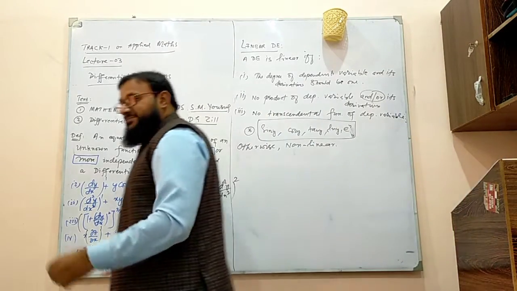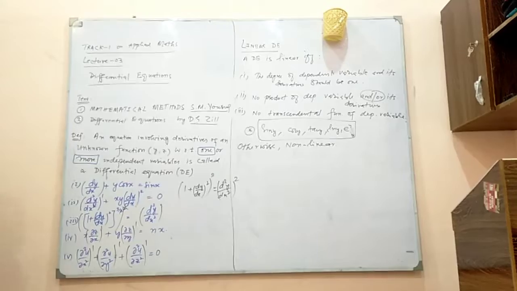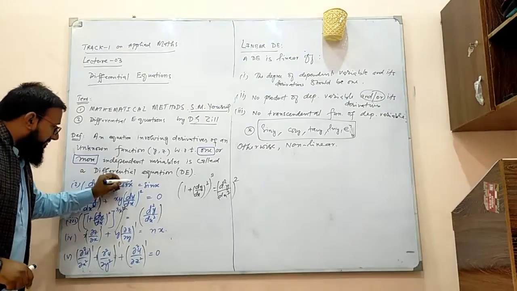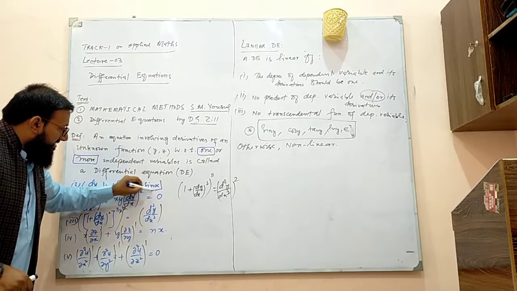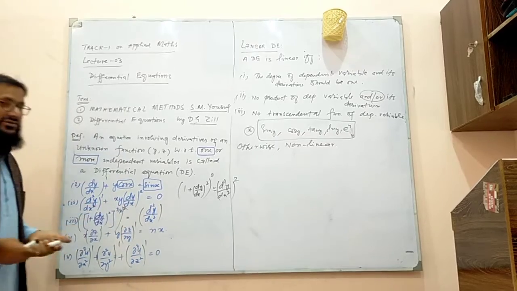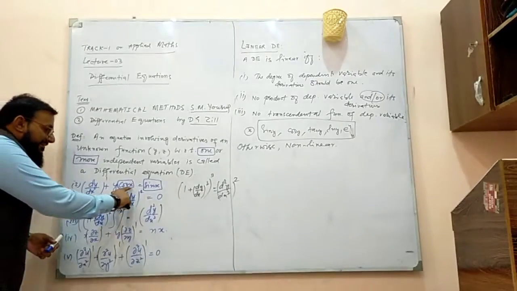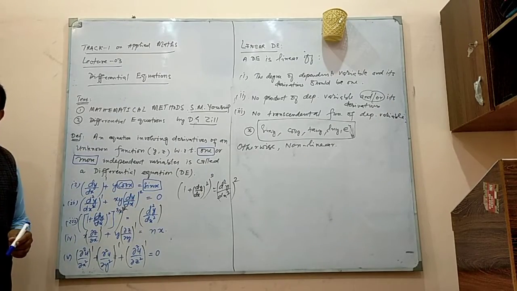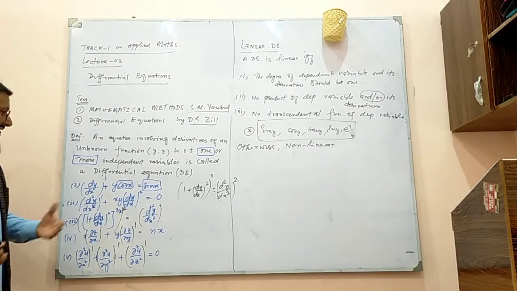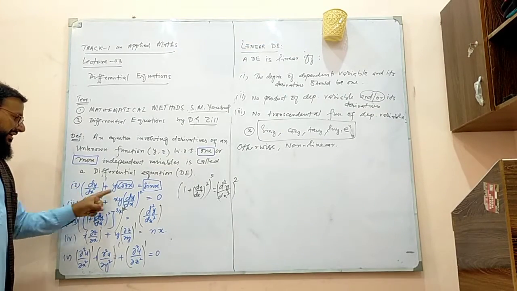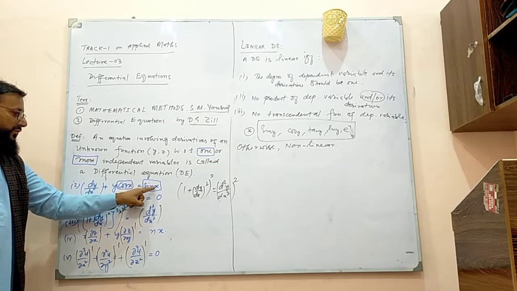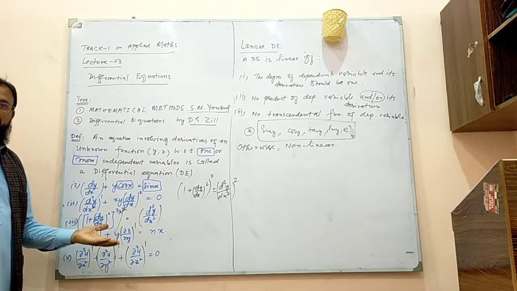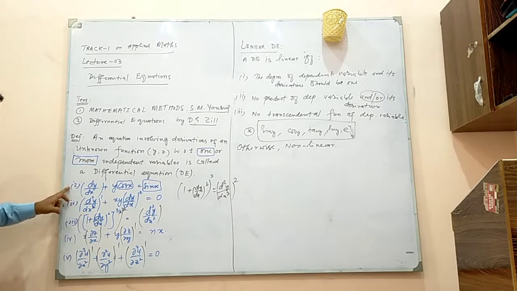Where is the problem? Sine or cos functions are of the independent variable. What is the angle of sine or cos? It can be the independent variable or whatever; it should not be the dependent variable. In this equation, the dependent variable is y. If y appears here and y appears here, then it is non-linear. In this case, it is linear. So the first one is linear.